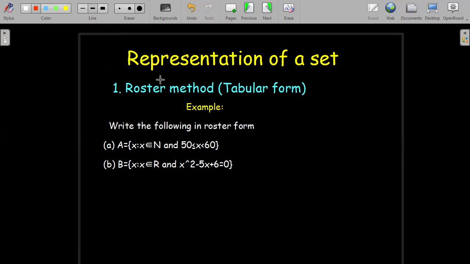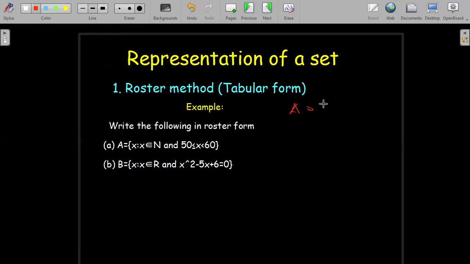Now let's understand this. There's representation of a set, and there are two main ways in which you can represent a set. Number one, we call the roster method or the tabular method. The roster method or the tabular method is where you list out whatever is in the set.